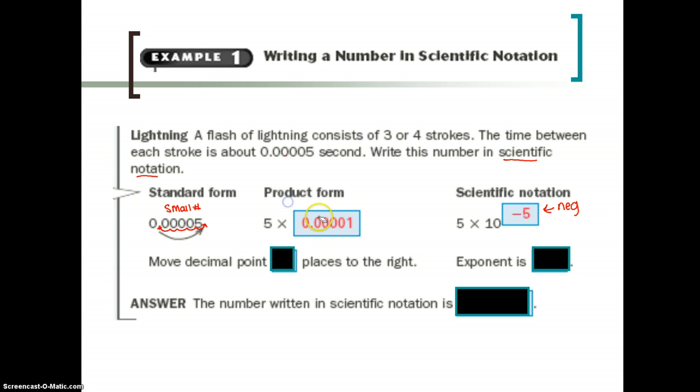Again, if you want to write the product form, this is the place value, and that's 100,000s. We moved 5 places to the right, so the exponent is negative 5. And remember, it has to be in the form c times 10 to the nth power, and it is.